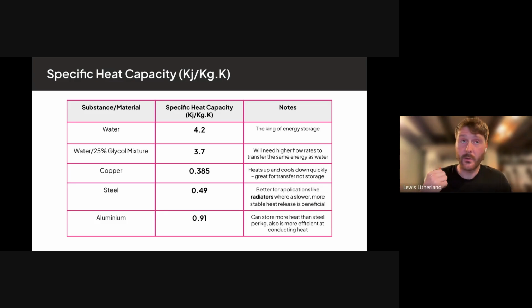So that's just one reason glycol shouldn't be used in a heating system, but there are many other reasons as well. So Heat Geek's advice is don't use glycol on your systems. It's not great.